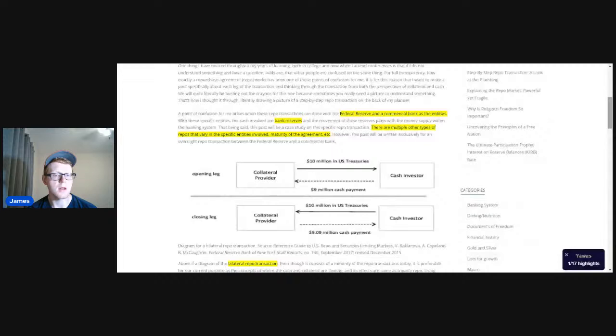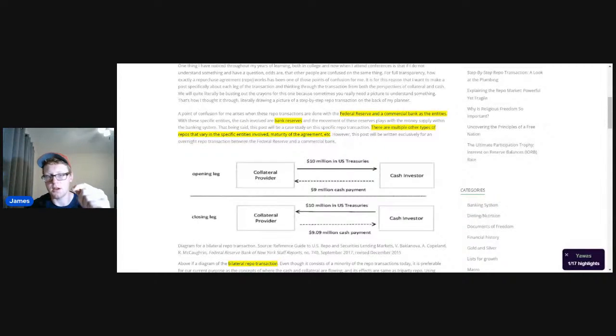Specifically, this diagram is a diagram of bilateral repo. I picked that because it's more compact than tri-party repo, and the whole point of this post is just concepts: what's the concept of what's happening? With tri-party repo, there's a clearinghouse, and this all happens between the two respective entities' accounts at that clearinghouse.